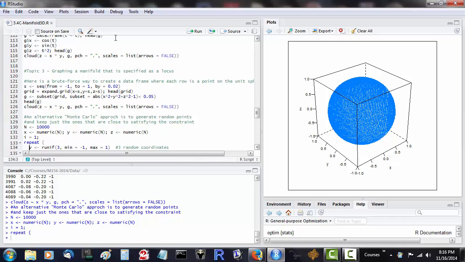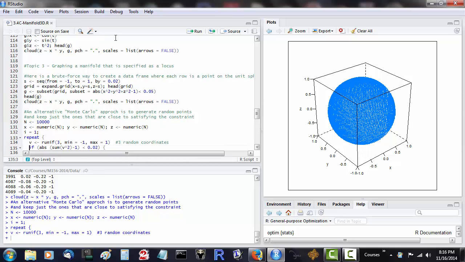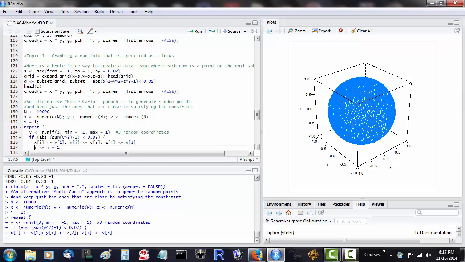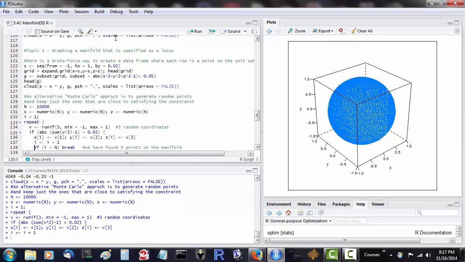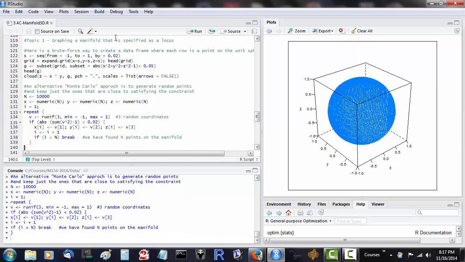And we just keep generating 3 random coordinate values, check whether the length of the vector is close to 1, and if it is, save the values and increment i. And if we have our n values already, we break out of this repeat.